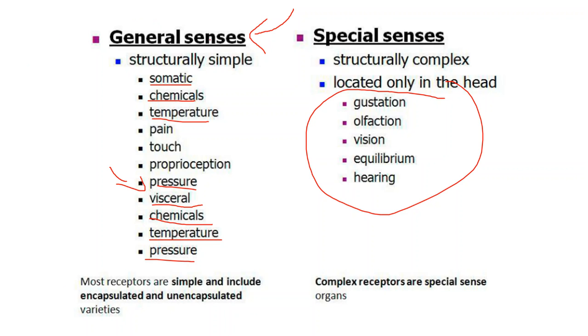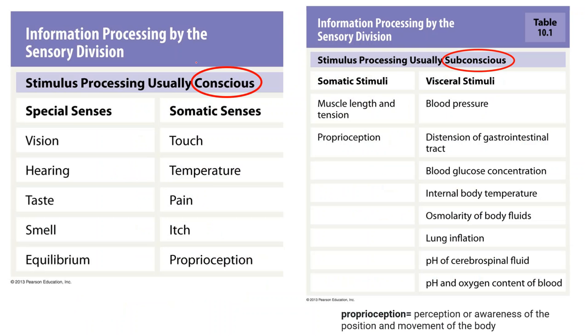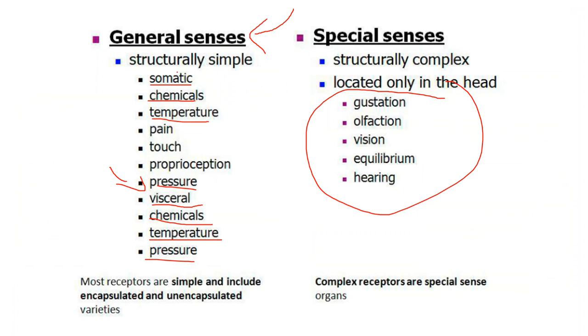So general senses, as we saw before, we can recognize those that are somatic and visceral as well, okay? All right, so we can look at things from different points of view. We can define them in a broader way, or in a more schematic way, with more subdivisions.